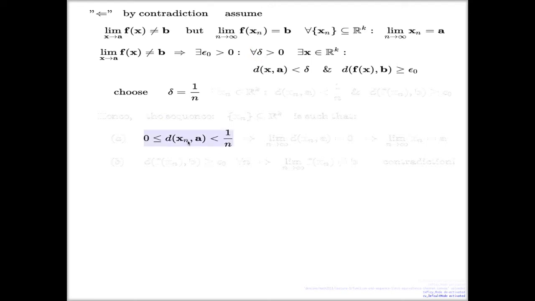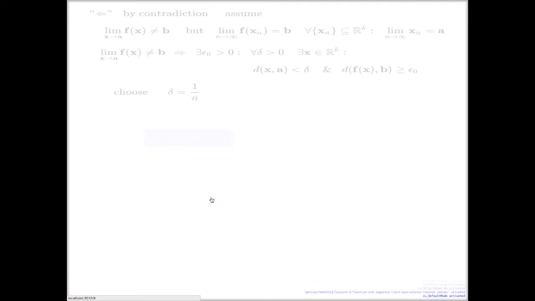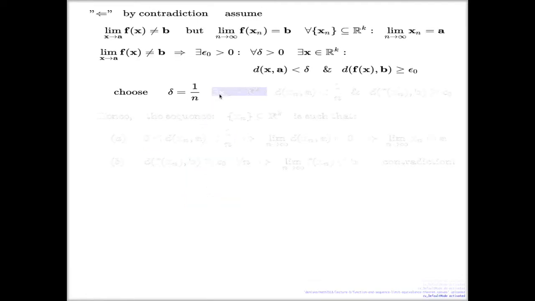For this delta, this line claims that there is an element, which this time I will denote with the index n, because for different deltas, a different element. That's why I reflect this dependence, x sub n, such that on one hand, this is true. It's exactly this statement. On the other hand, this is true.